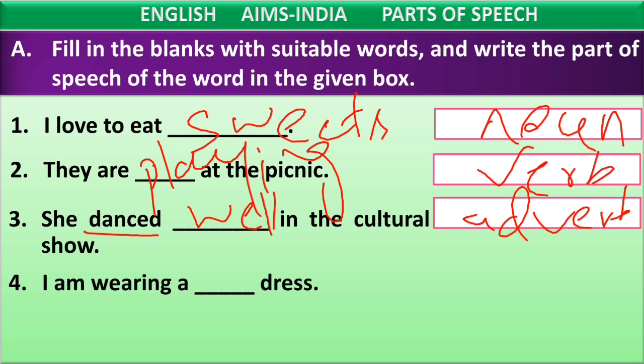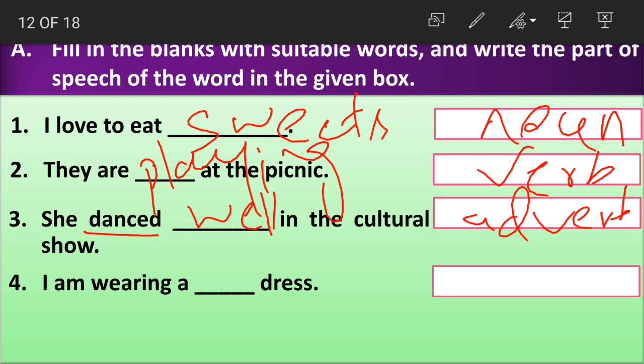Now we'll go to the fourth one. I am wearing a dash dress. Dress here is a noun, and we are describing the noun. I am wearing a pink dress, white dress, whatever it may be, a color or some other description, or a beautiful dress, sports dress.